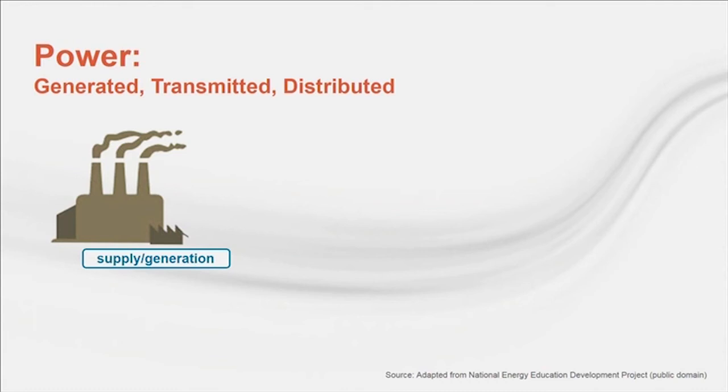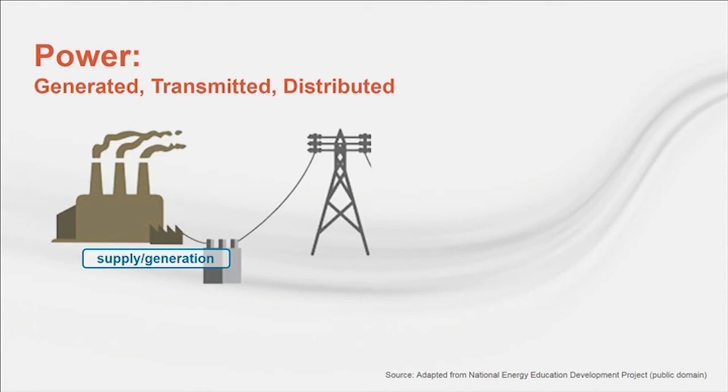The output voltage of even the largest generators is relatively low, typically less than 15,000 volts. A transformer steps this voltage up before injecting the energy into the grid. To limit line losses, the transmission grid operates at much higher voltages, usually over 100,000 volts or 100 kV. Some systems operate as high as 765 kV.